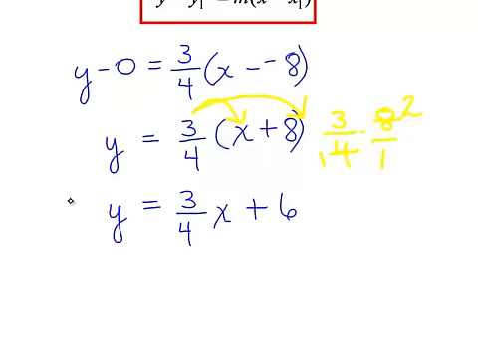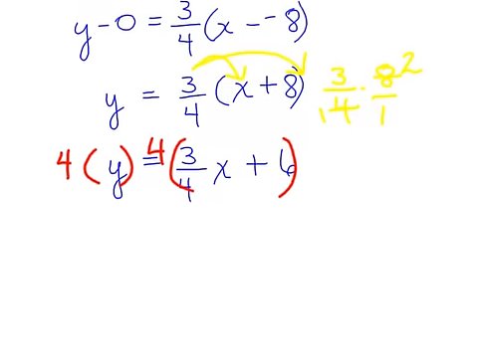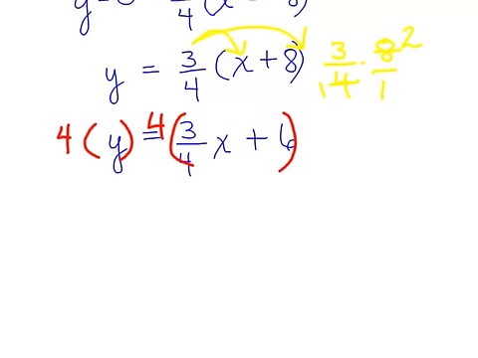The common denominator is 4, so I will multiply the left side by 4, and I will multiply the right side by 4. Whatever you do to one side, you have to do to the other. On the left side, I will have 4y is equal to, use distributive property, the 4's cancel out. That'd be 3x, and 4 times 6 is 24.